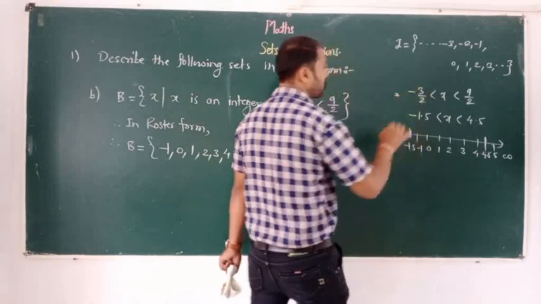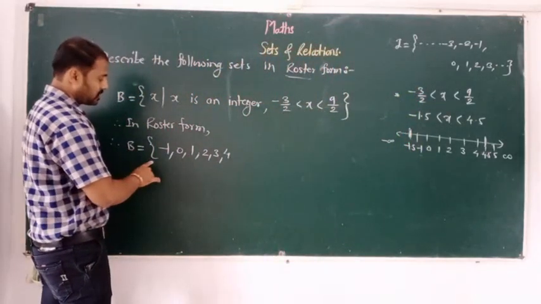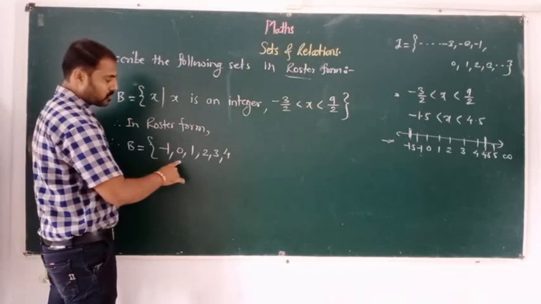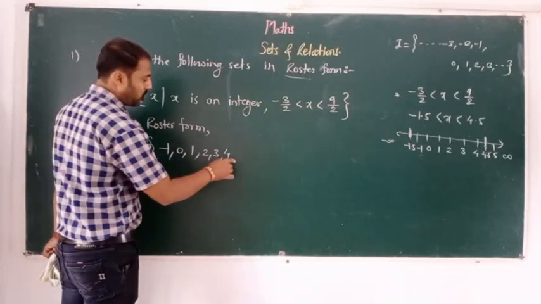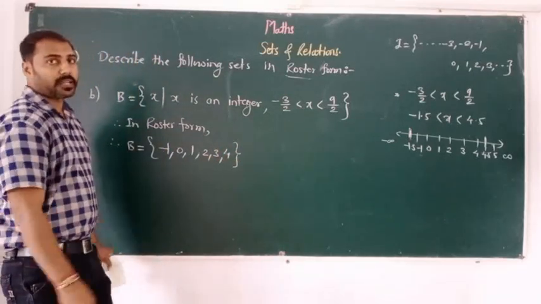So B is equal to curly bracket minus 1, 0, 1, 2, 3, 4. Curly bracket completed. Now how many elements are there?